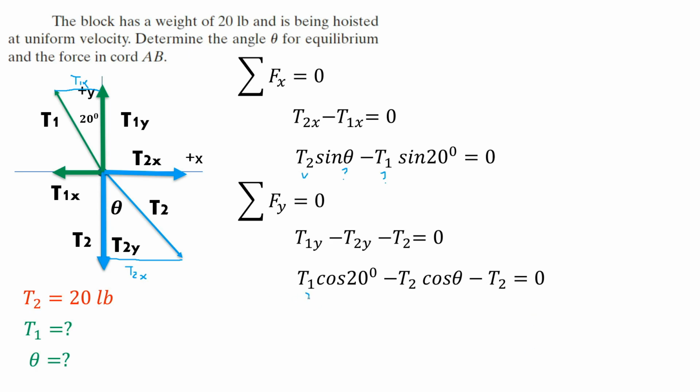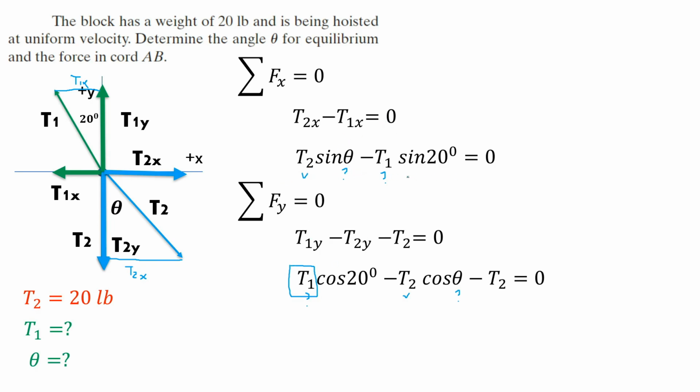We don't know T1. We know T2, but we don't know theta. So we will combine these equations to solve for theta. I'm going to replace T1, using this equation.